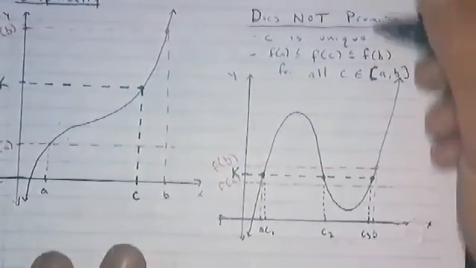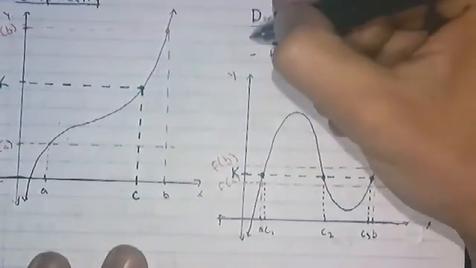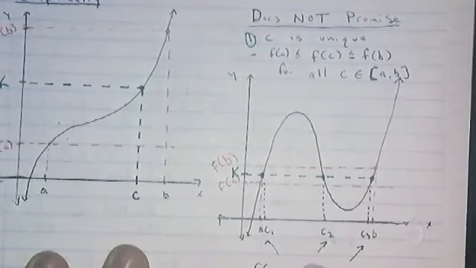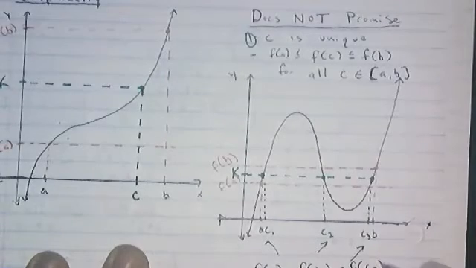So that was number 1. That's proof of 1. f of C sub 1 is equal to f of C sub 2 is equal to f of C sub 3, all equal to K.